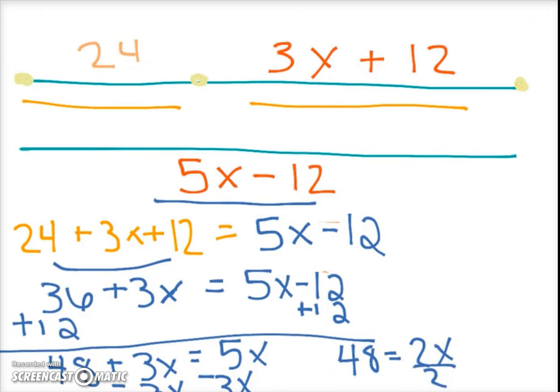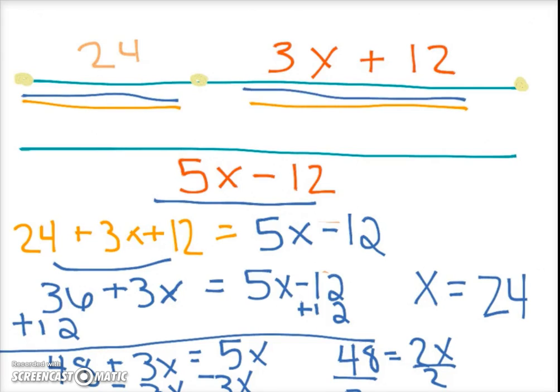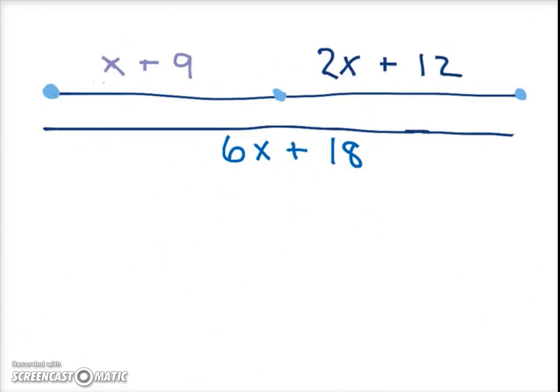Now we divide by 2, x equals 24. So easy. Take this, add it to this, set it equal to this, and that is your segment addition postulate. Last one. This one's going to be the big one.